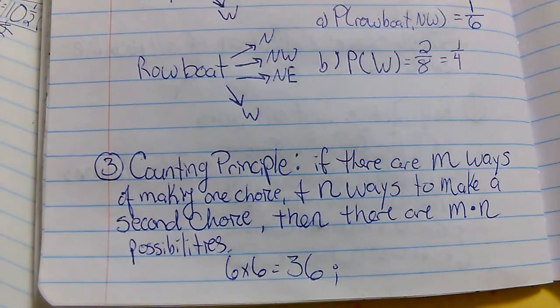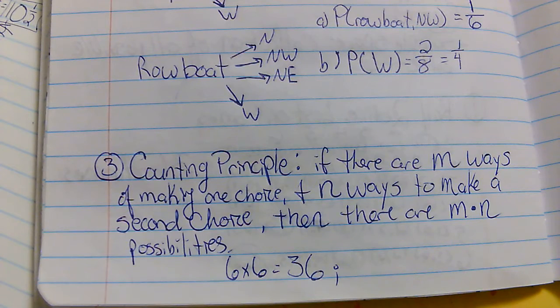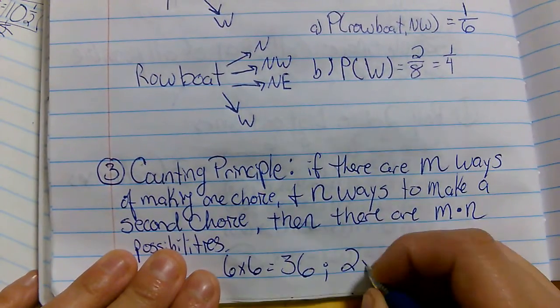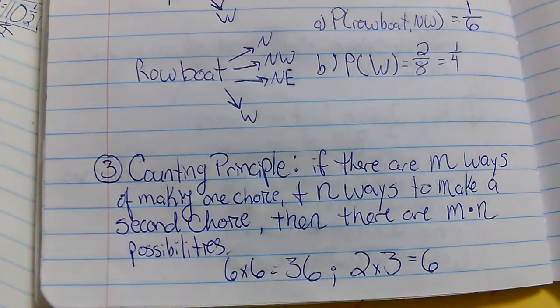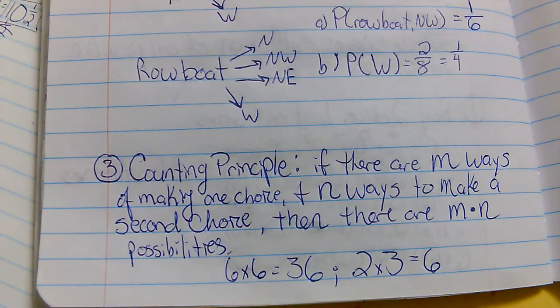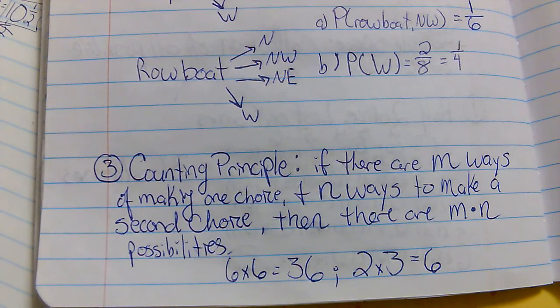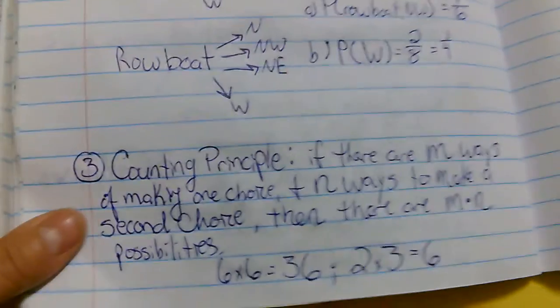In the one that we did up here, we had 2 choices for boat, and originally 3 choices for direction. 2 times 3 gave us our 6 original possibilities. That one's pretty simple.